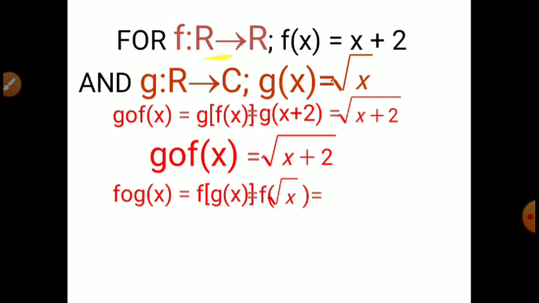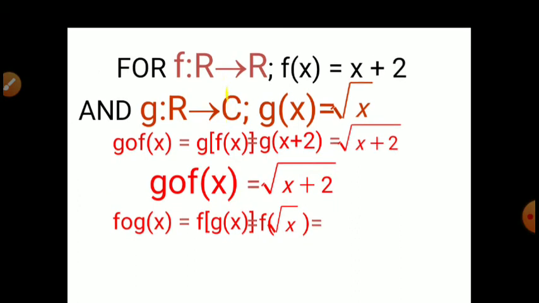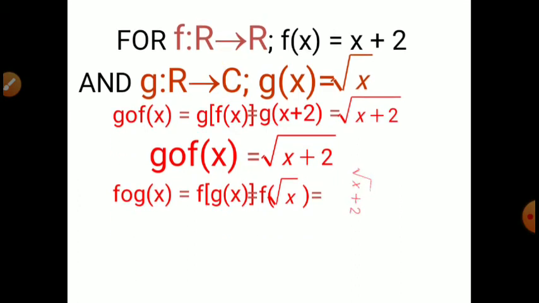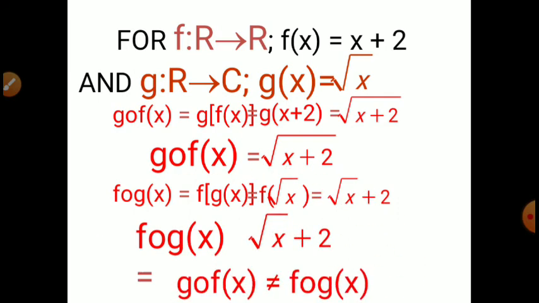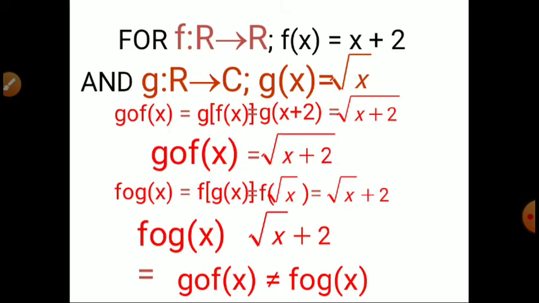So the domain of f is R, and the codomain is R. If it is R, then it is defined here. So f o g and g o f, these both are not equal.